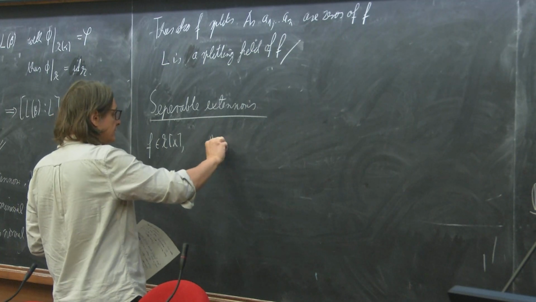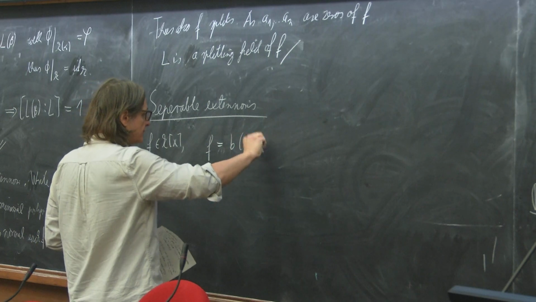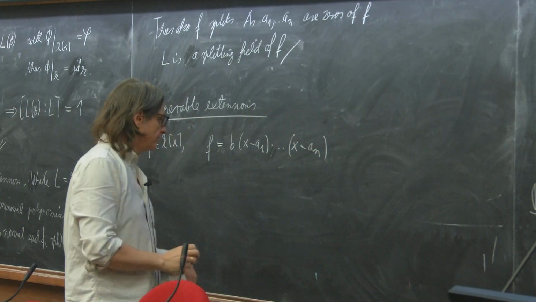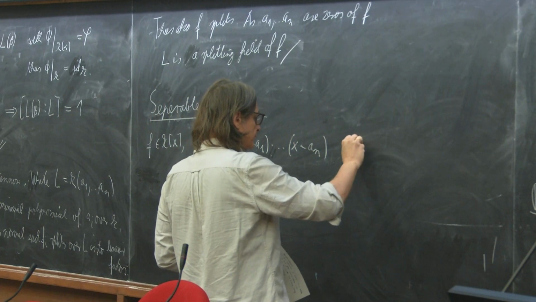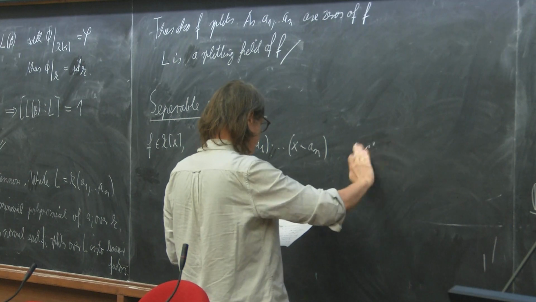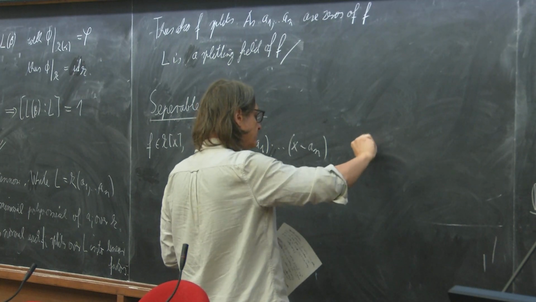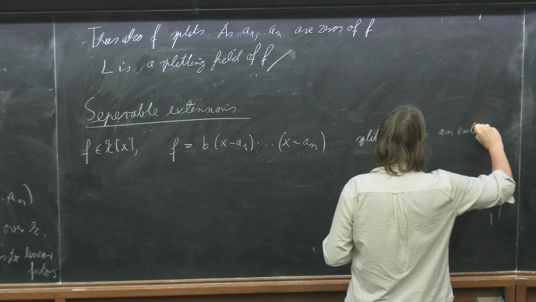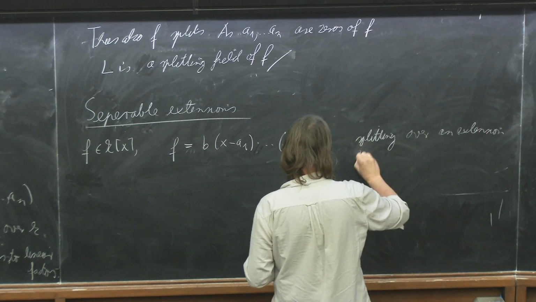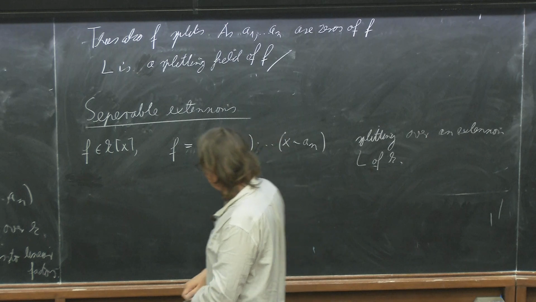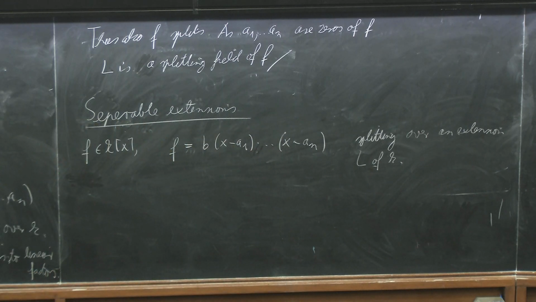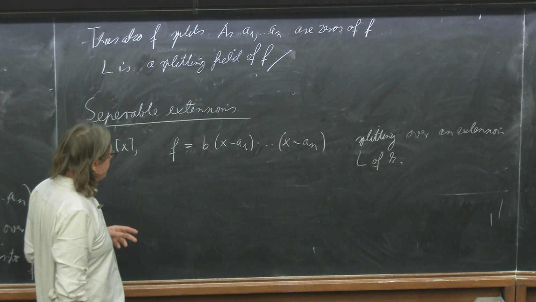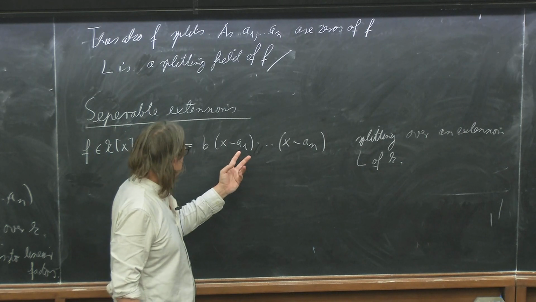So F can be written as B times (X minus A1) until (X minus AN), splitting over an extension L of K. Now it turns out that it can cause problems if there are multiple zeros.